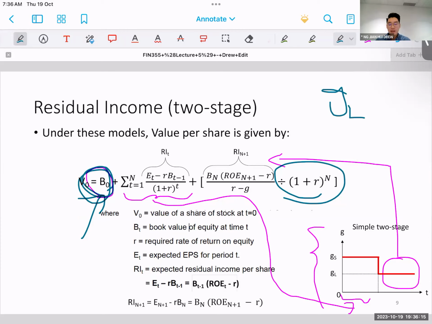So this is the unique part of the two models, and if you can actually get similar valuations using both the free cash flow model, it should be the FCFE, because if we are using residual income, we should only compare with FCFE, since both are towards the equity holders, right? So if we get similar values from FCFE, DDM, and residual income, that's a very good indication that your valuation is on the right track.